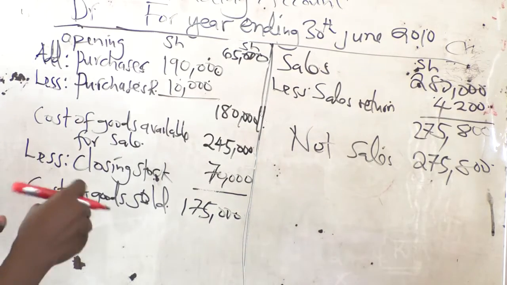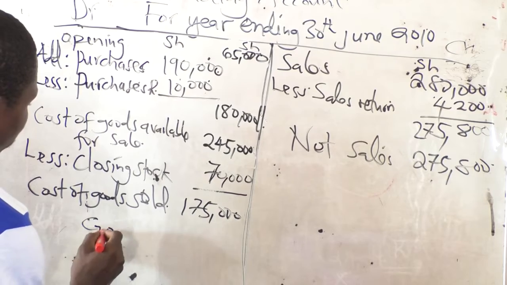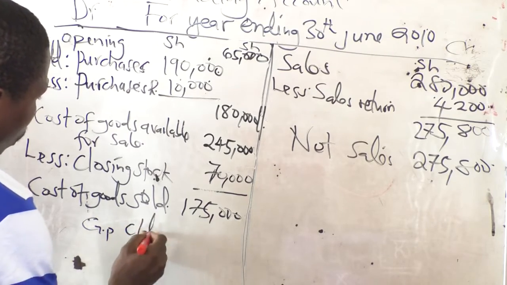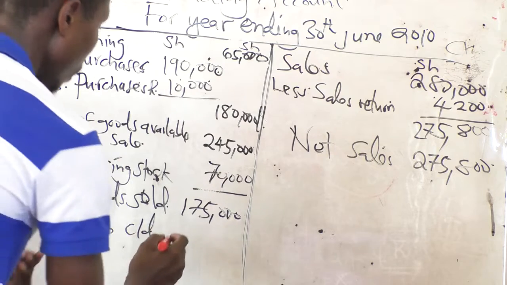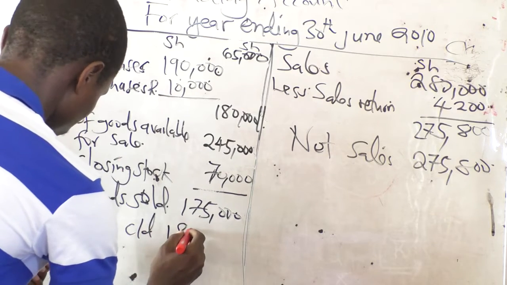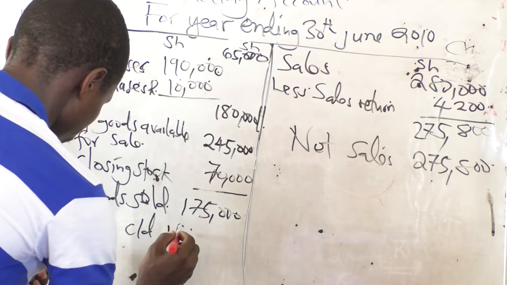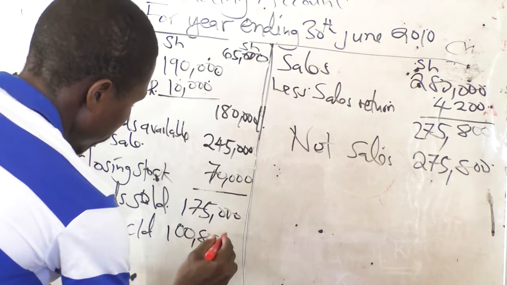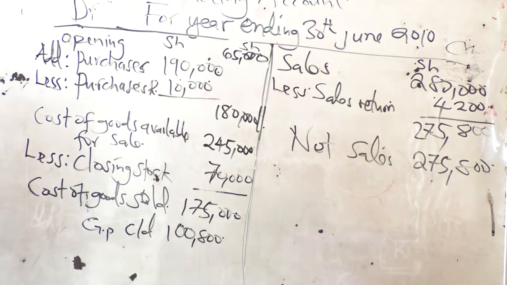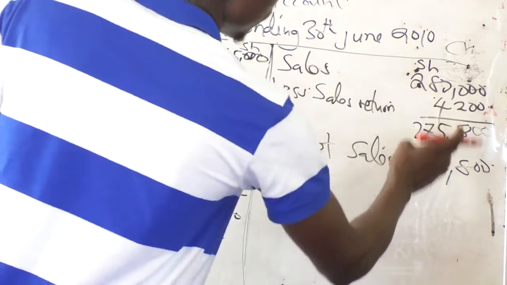So we are going to say that GP, balance carried down is going to be 100,800.